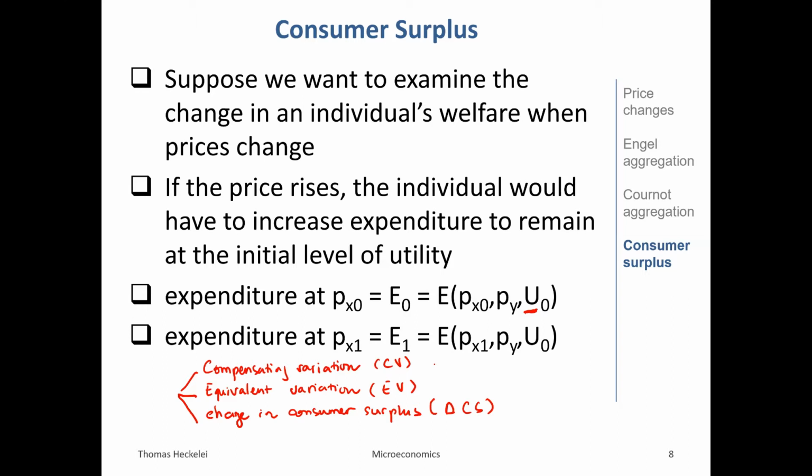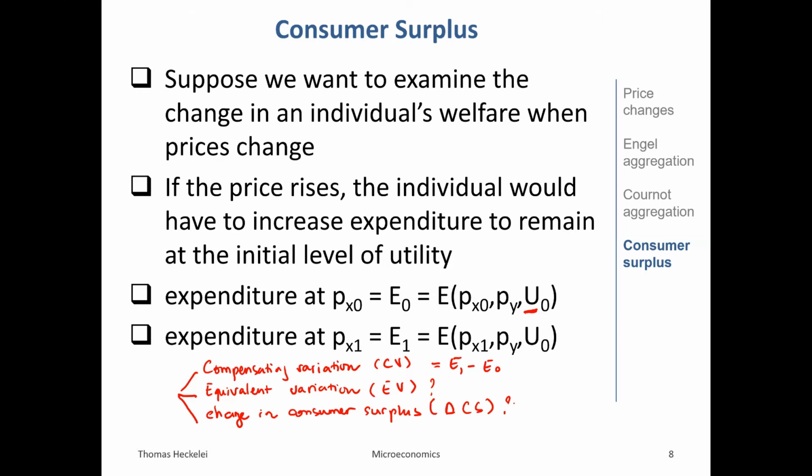So that means we take E1 minus E0. That's what we learned. How about the equivalent variation and the change in consumer surplus? We will spend the remaining time of this topic talking about these two measures.